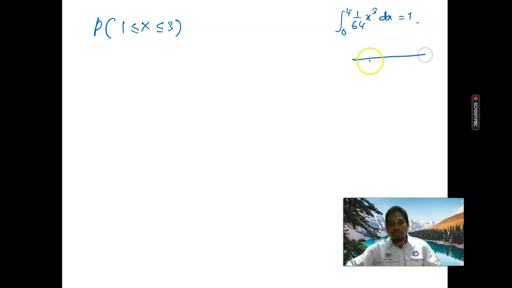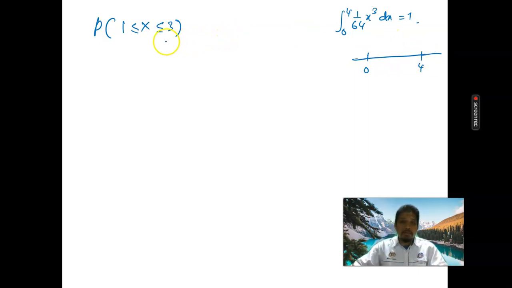So from the number line, it is 0 until 4. And now we try to find the value of the integral of this from x equal to 1 until x equal to 3. So x equal to 1 until x equal to 3 is inside this domain of 0 until 4.